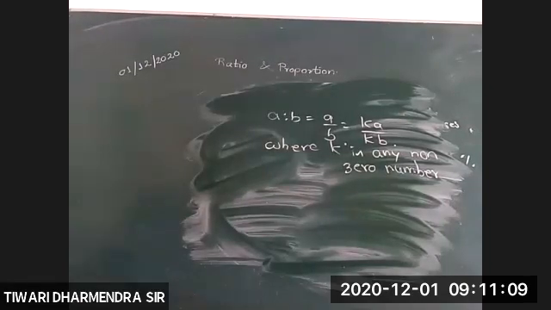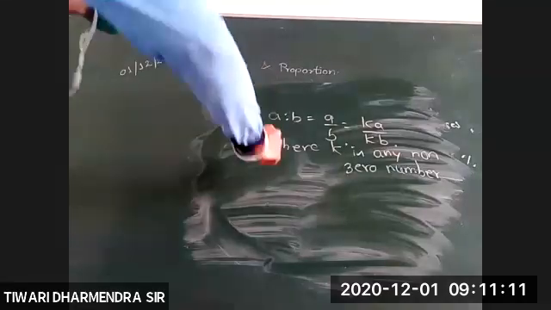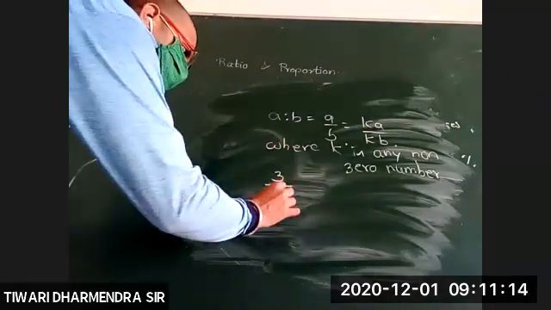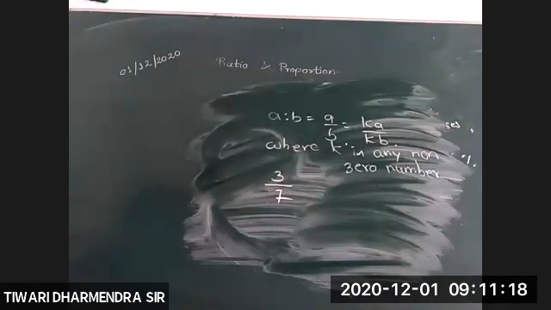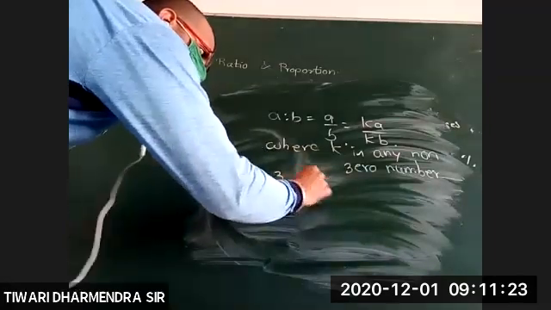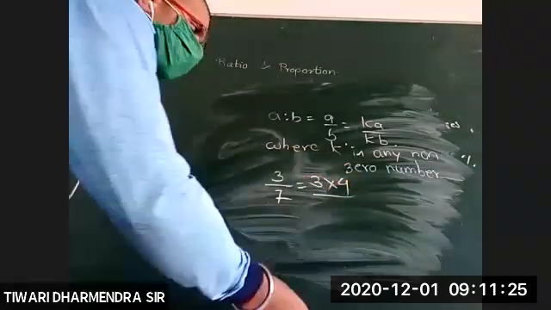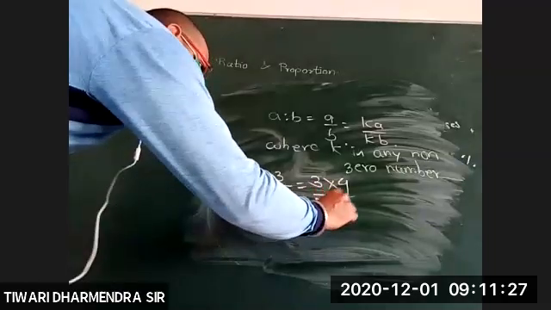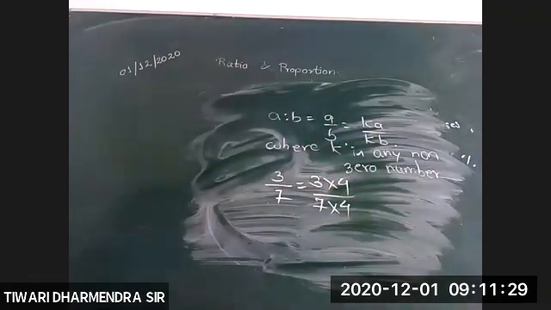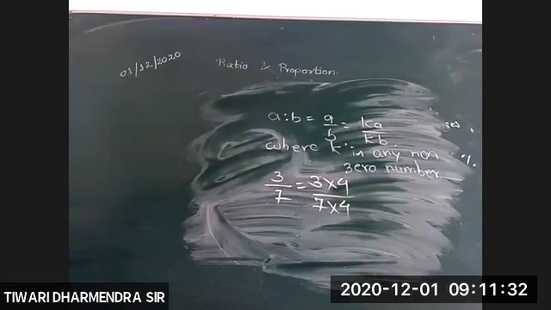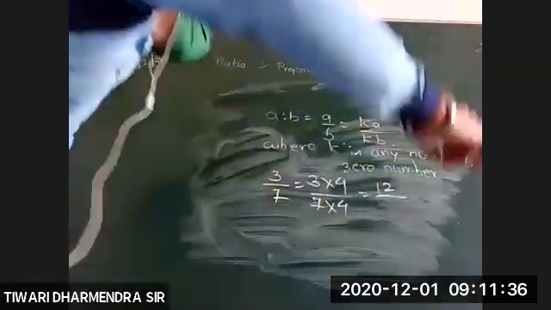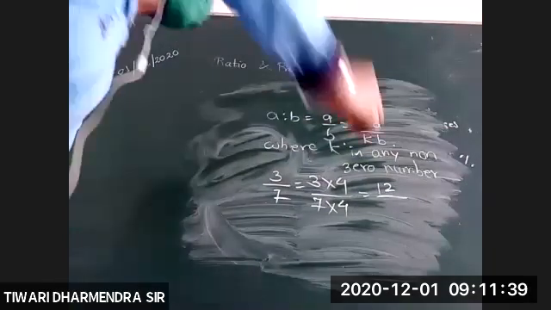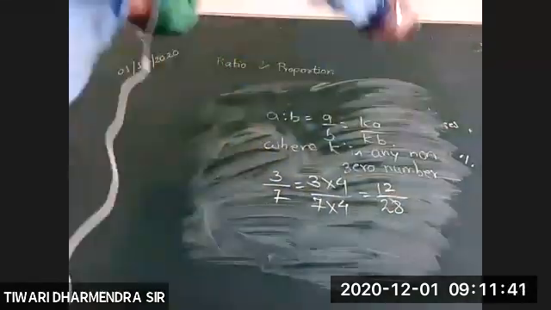In particular, if we want to understand, we have 3 by 7 as a ratio of two numbers, 3 is to 7. If we multiply 3 by a non-zero number 4, we have to multiply the same number 4 to 7. From here, 3 into 4 is 12 and 7 into 4 is 28.